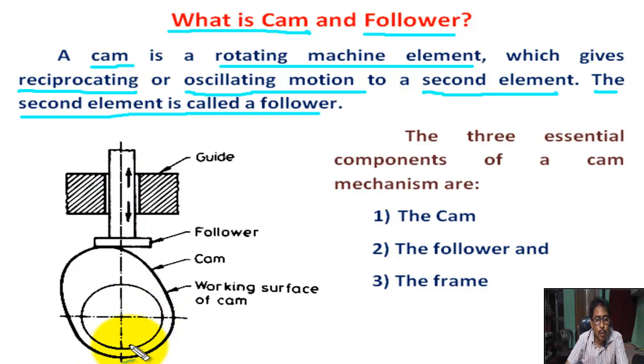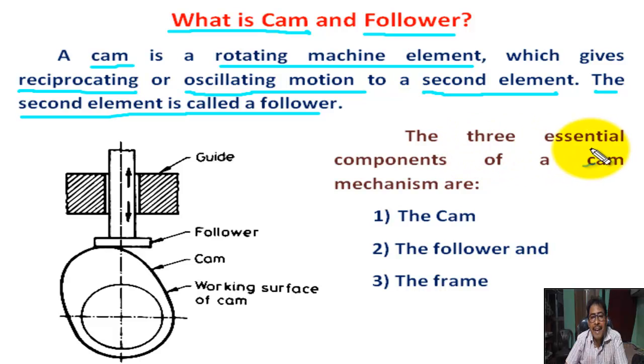The cam rotates usually at constant speed and drives the follower, whose motion depends upon the shape of the cam profile.